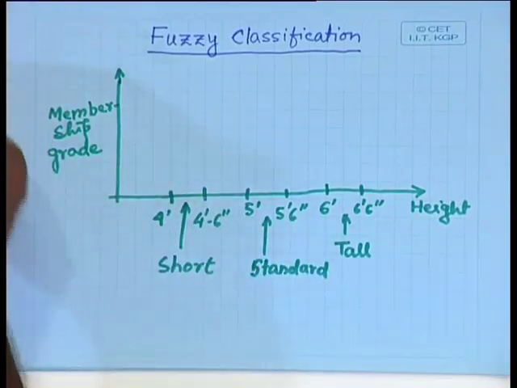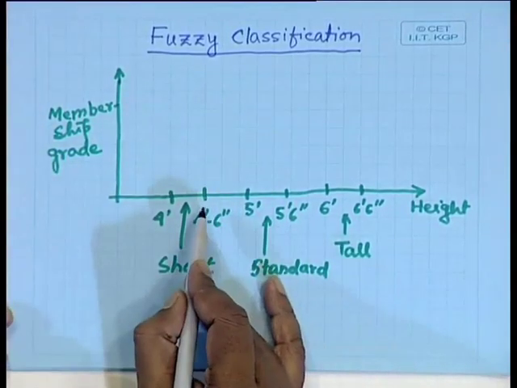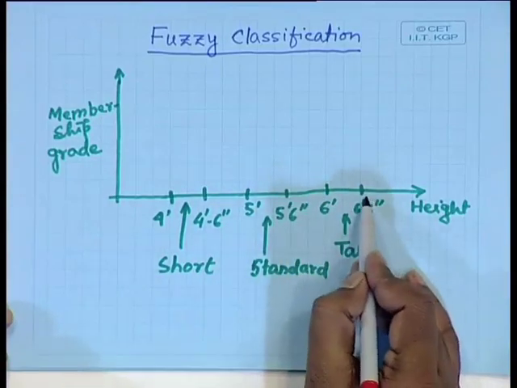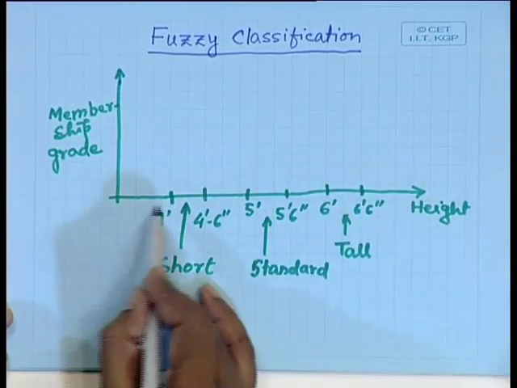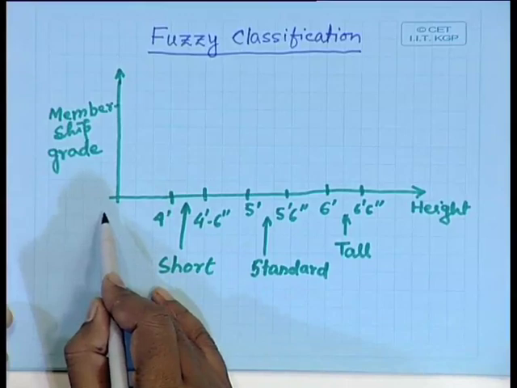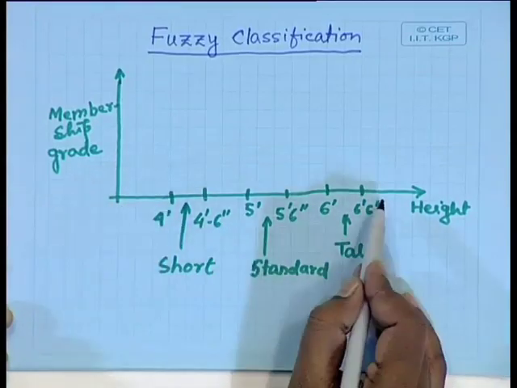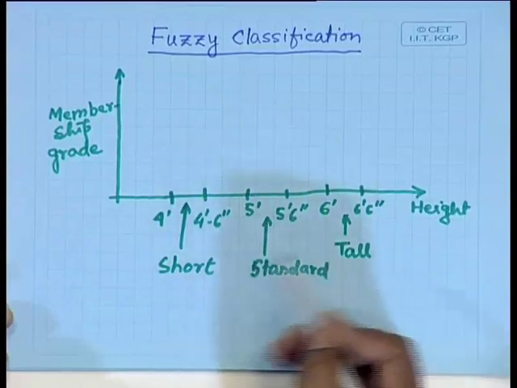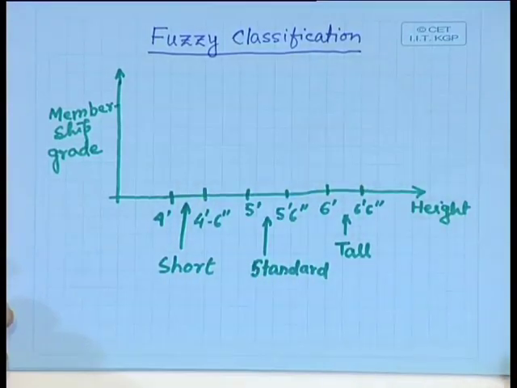You find that I have a lot of space between 4 feet 6 inches and 5 feet, similarly 5 feet 6 inches to 6 feet, and beyond 6 feet 6 inches and below 4 feet. These are the height regions which are not marked as belonging to any of these sets.